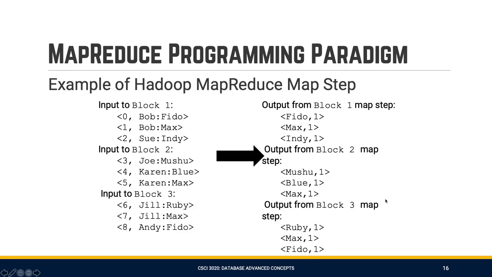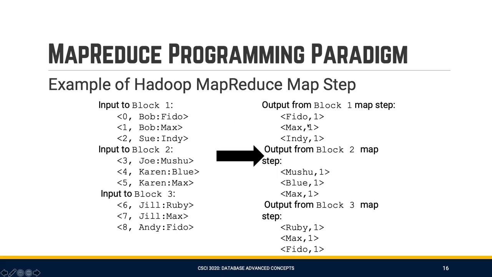So the next part of this is mapping. This is the raw form of the data itself, and we want to map that data into a format that will allow us to count the number of dog names. On this particular block, we know that there's a Fido, and that's one instance of a Fido.